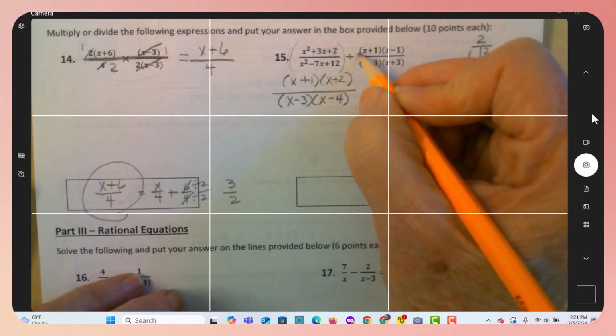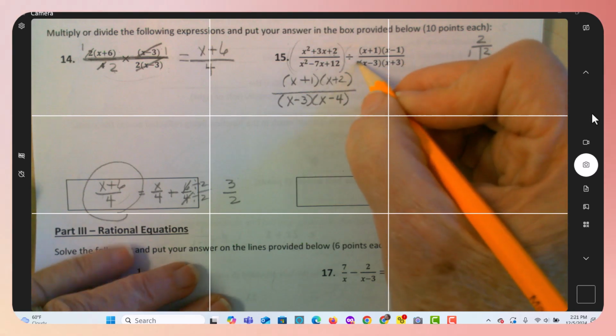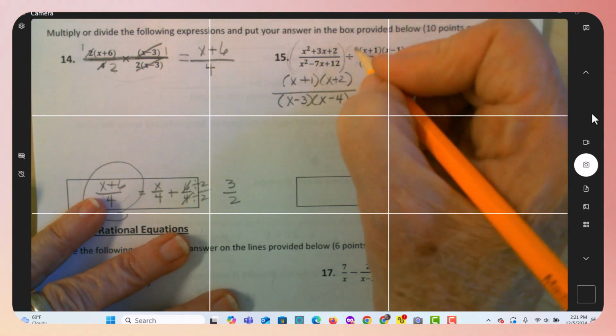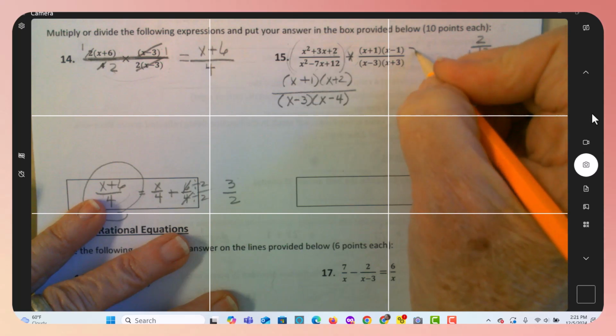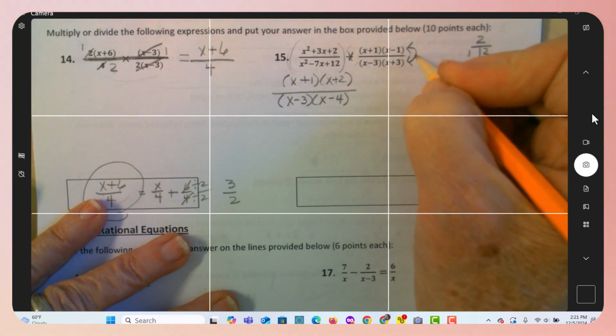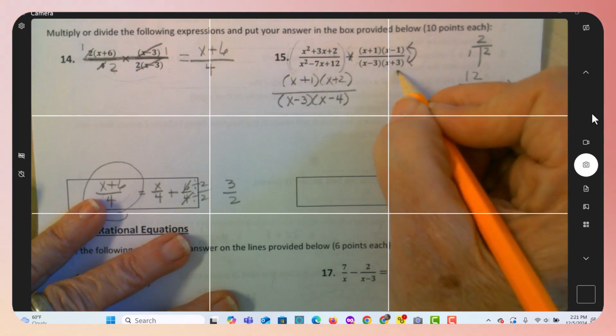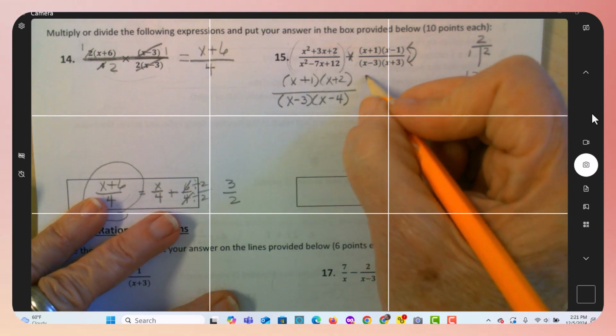Now we're operating with division. In division, we change to multiplication, and we flip this. Because this is already factored, all I have to do is write the denominator as the numerator.